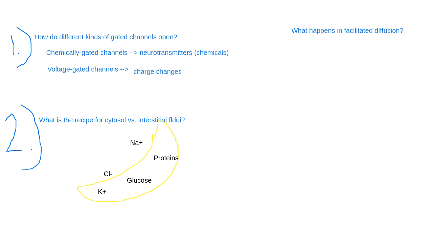This is passive transport, no energy required. This is going from high concentration to low concentration. Both of these types of gated channels do passive transport.